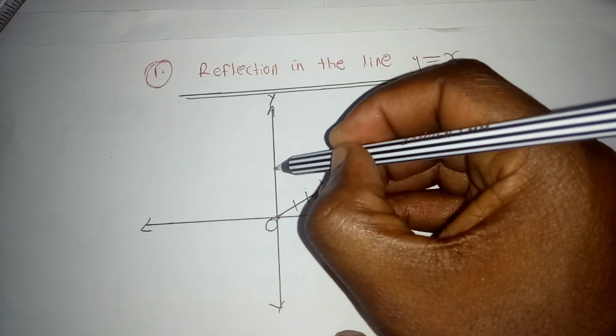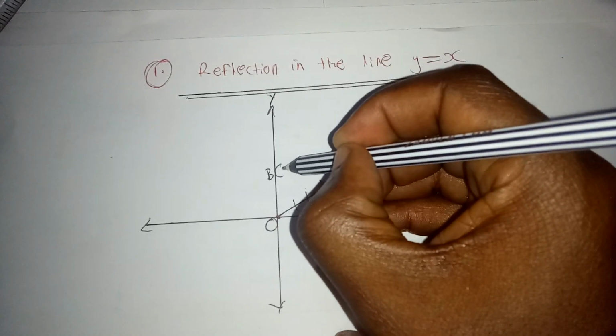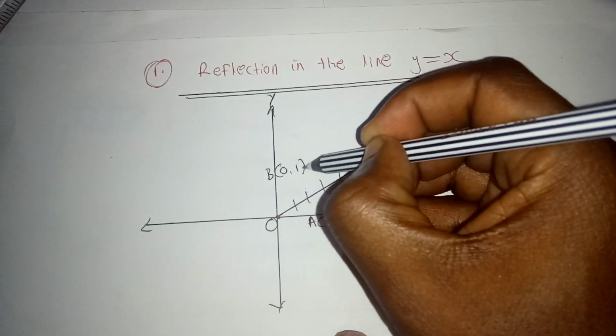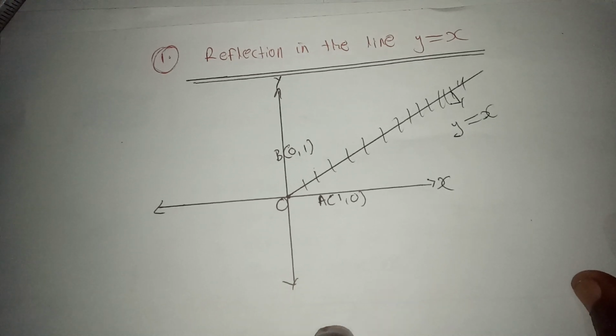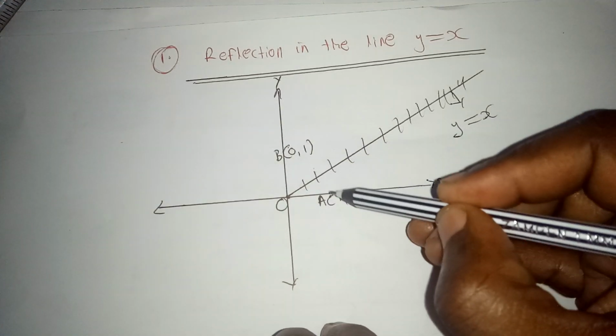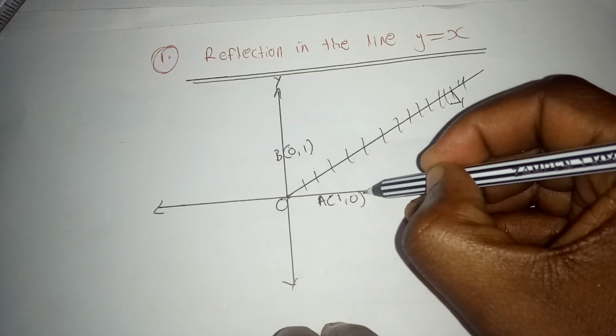So let's say here we have point B, which is (0, 1). If you have point A here, this A will be reflected to the opposite side.